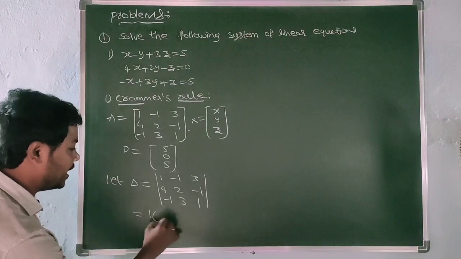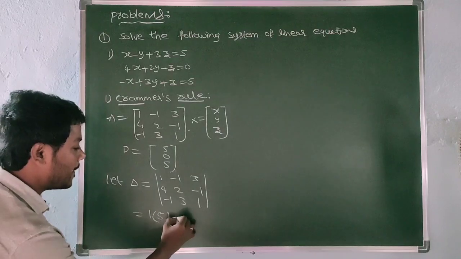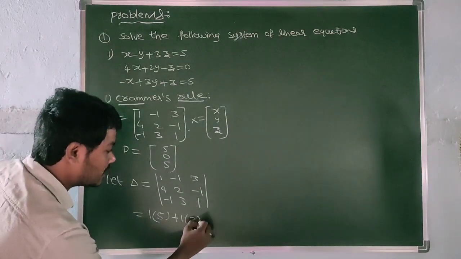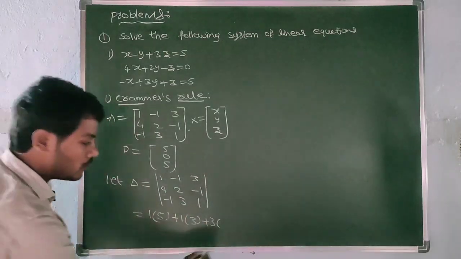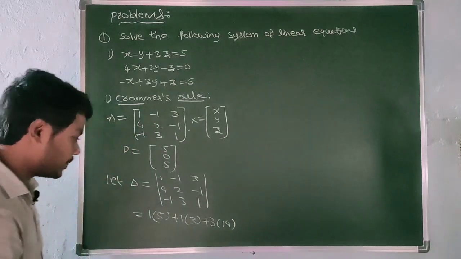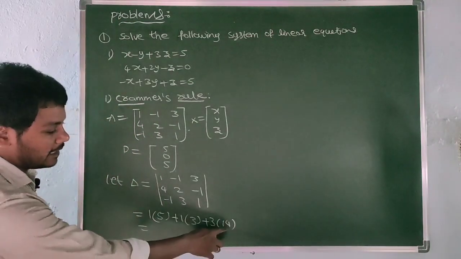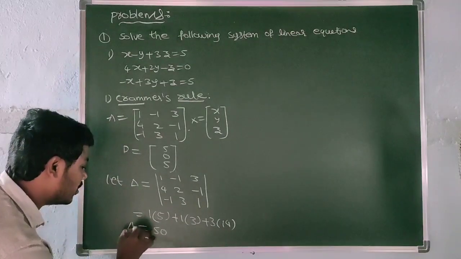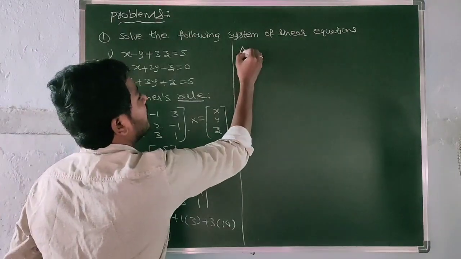This is 1 into 2 plus 3, that is 5, plus 1 into 4 minus 1, that is 3, plus 3 into 12 plus 2, that is 14. So this is 5 plus 3, 8, 8 plus 42, 50. So what is delta value? Delta is 50.